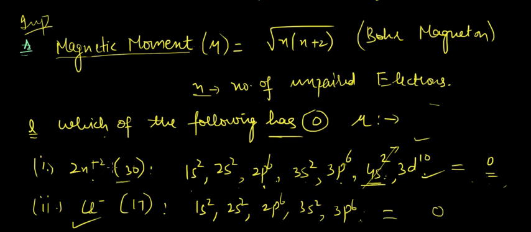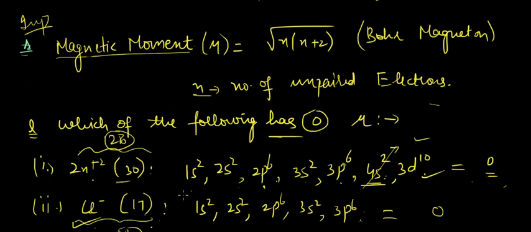Next, let us see the magnetic moment in the case of Cl-. Chlorine has 17 electrons originally, and 1 is acquired from outside to convert the chlorine atom into the Cl- ion. So the total number of electrons in Cl- would be 18.